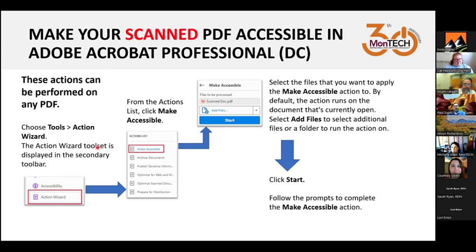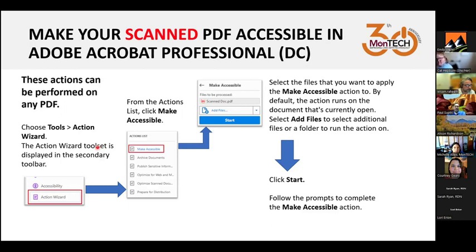In the previous slide, I showed you how to save the Word document to PDF. Now, if you receive a document file that is an image, like a scanned document, not a Word document that somebody created and saved as a PDF, it's only a document they scanned and sent to you, and you need to make it an accessible PDF.